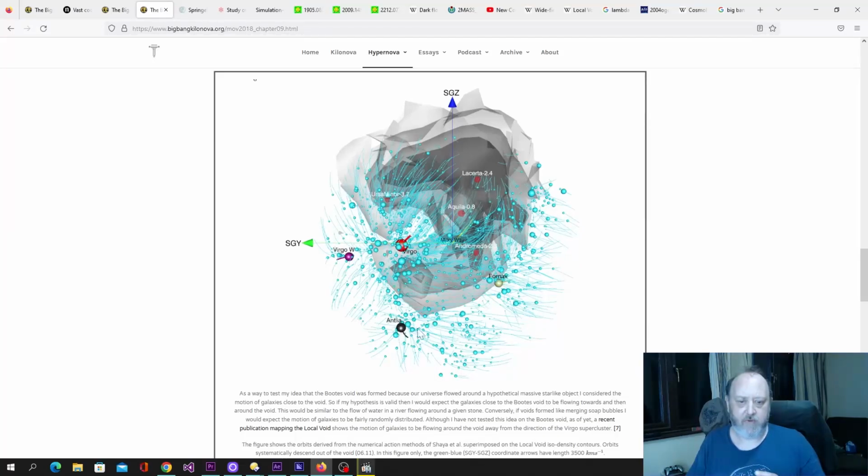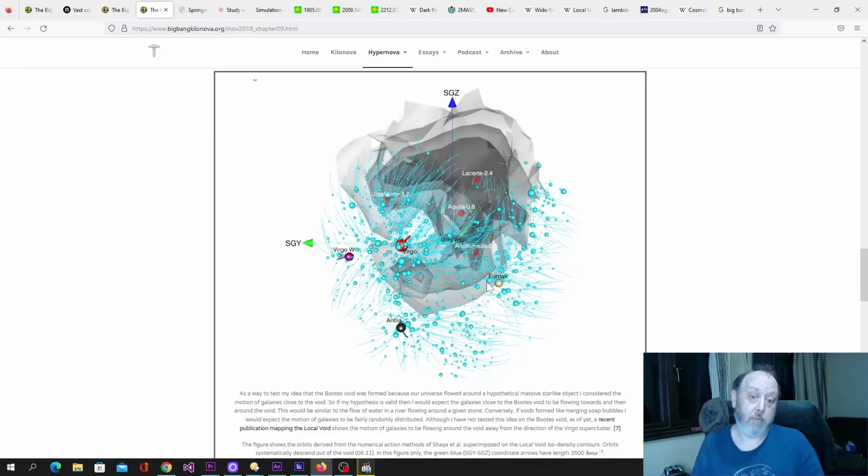This movement of the local group is unusual, and our movement through the universe relative to the rest of it is producing this dipole result.